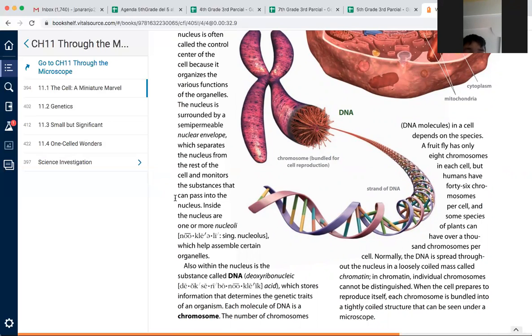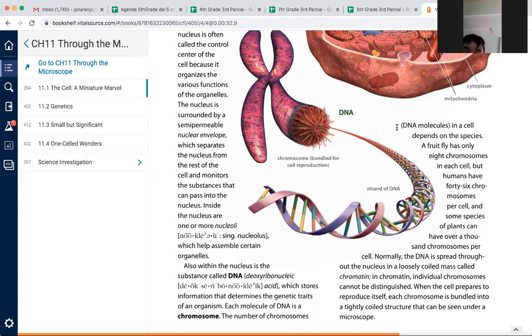the nucleus. Inside the nucleus are one or more nucleoli, which help assemble certain organelles. Also in the nucleus is the substance called DNA, which stores information that determines the genetic traits of an organism. Each molecule of DNA is a chromosome. The number of DNA molecules in the cell depends on the species.